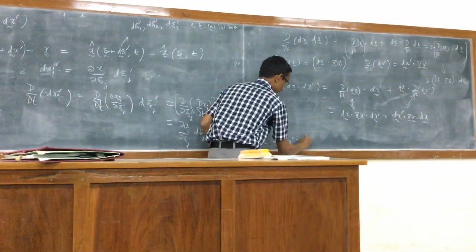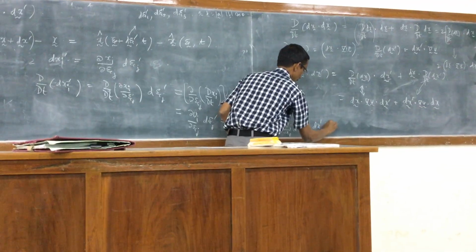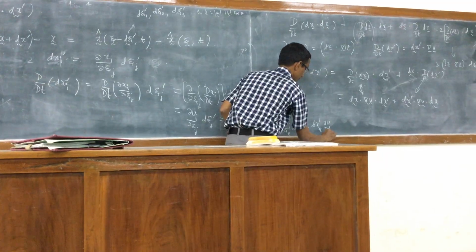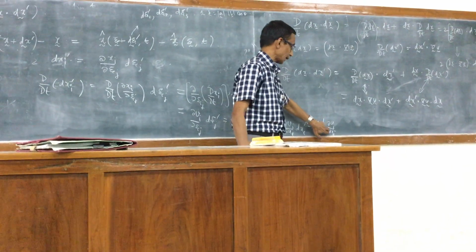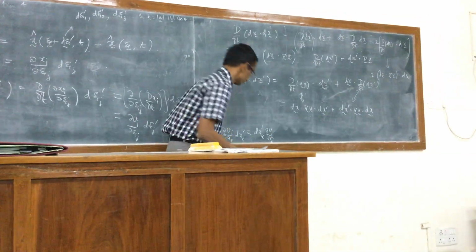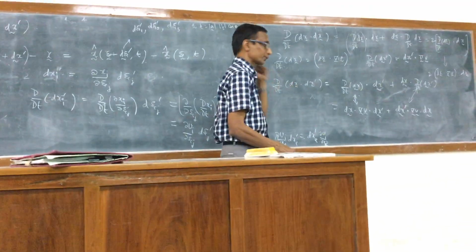Which in turn can be written as dxl prime times dvi by dxl. This is the Lith component of the velocity gradient tensor.